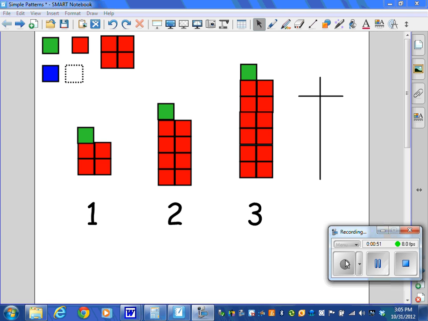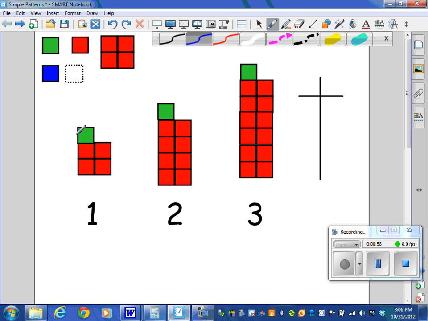So step one, let's look at what changes and what stays the same. From the first term to the second term, there's 4 blocks. We have 4 in the first one, and then we have 4 in the second one.